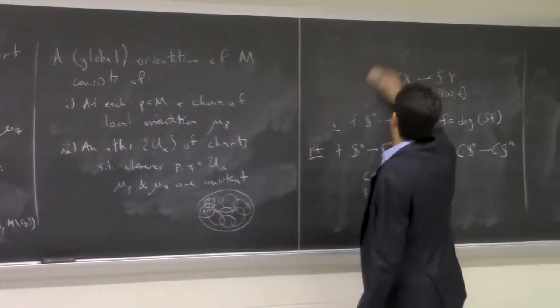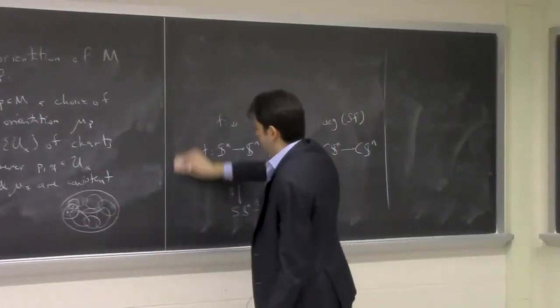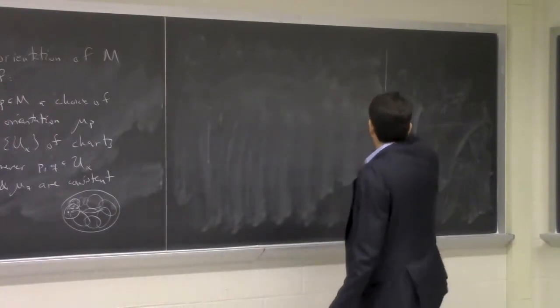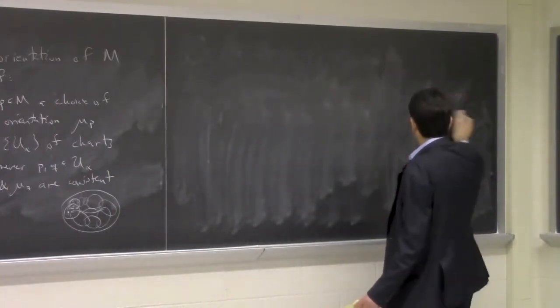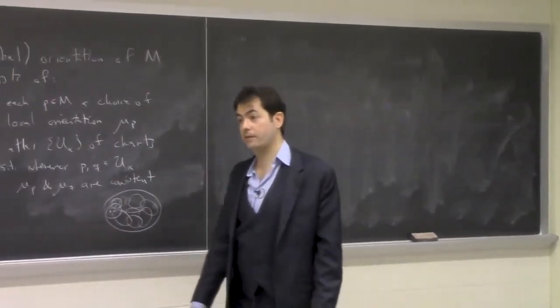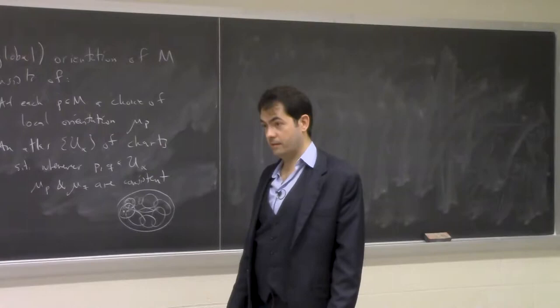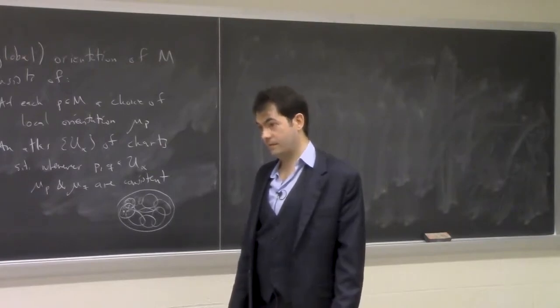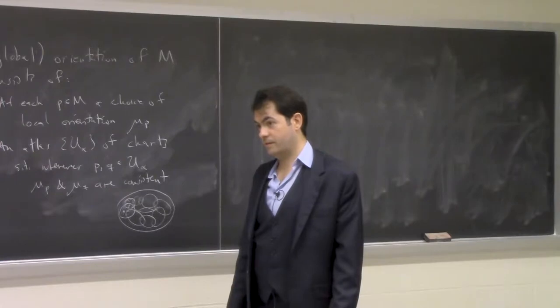Also RP2 is not orientable. The Klein bottle is not orientable. If a manifold is not orientable, can we always find a circle of neighborhoods like this with this property?